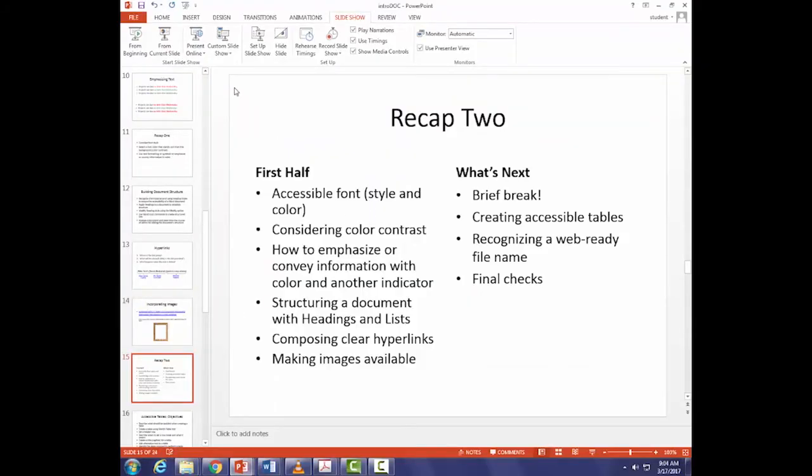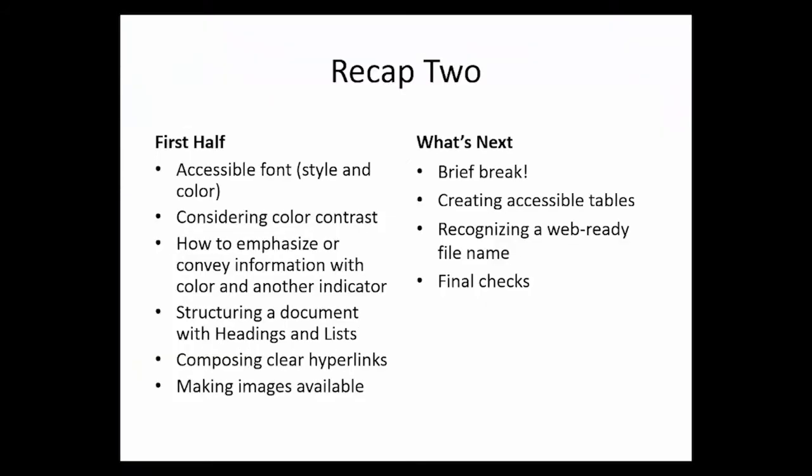All right, now let's talk about what we've just talked about. We talked about accessible fonts. We talked about style and color. We talked a lot about color contrast. We looked at that accessibility checker. We said, again, that color contrast doesn't matter as far as the accessibility checker is concerned.